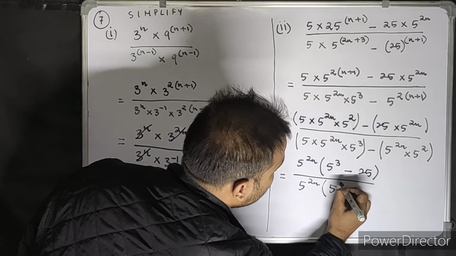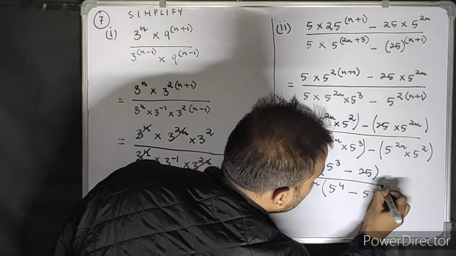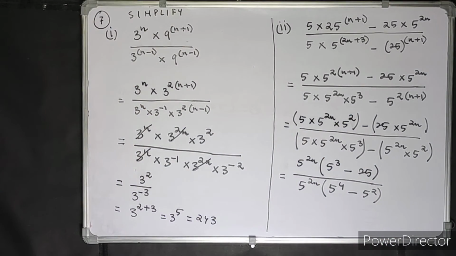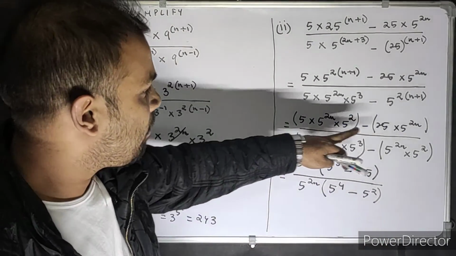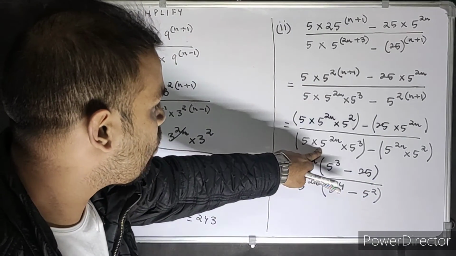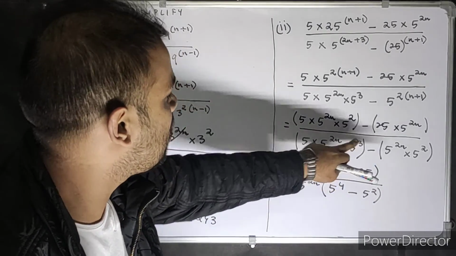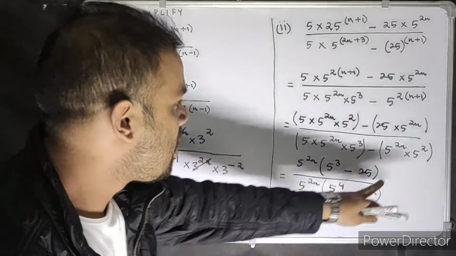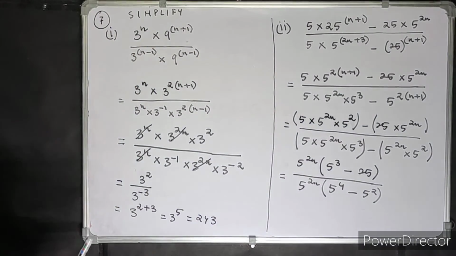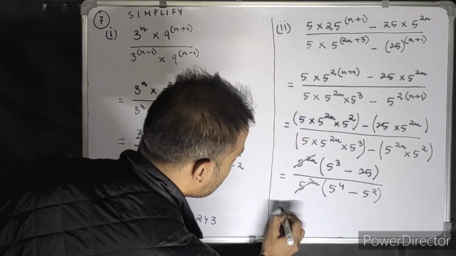I am left with 5 to the power 4 minus 5 to the power 2. 5 to the power 3 and 5 to the power 1 means 5 to the power 3 plus 1, that is 5 to the power 4, and 5 to the power 2 is left there. Simple. From here, we are done with our question.